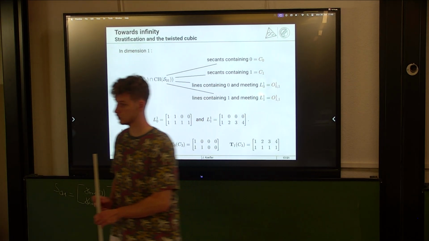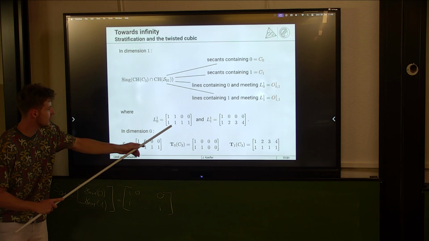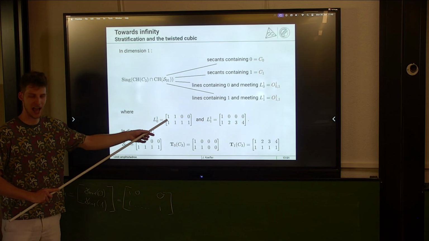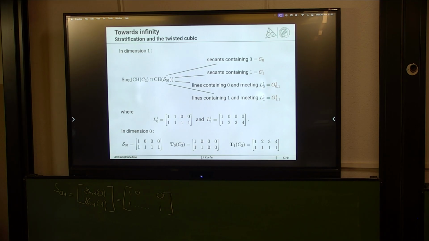Sorry, why is 1100 the tangent vector at the origin? 1100, I just take the derivative of 1, t, t squared, t cubed and plug 0 in. Why is the first coordinate 1? Oh, okay, sorry. Yes, this is because implicitly I'm considering only these three and putting them in the affine patch of my projective space.